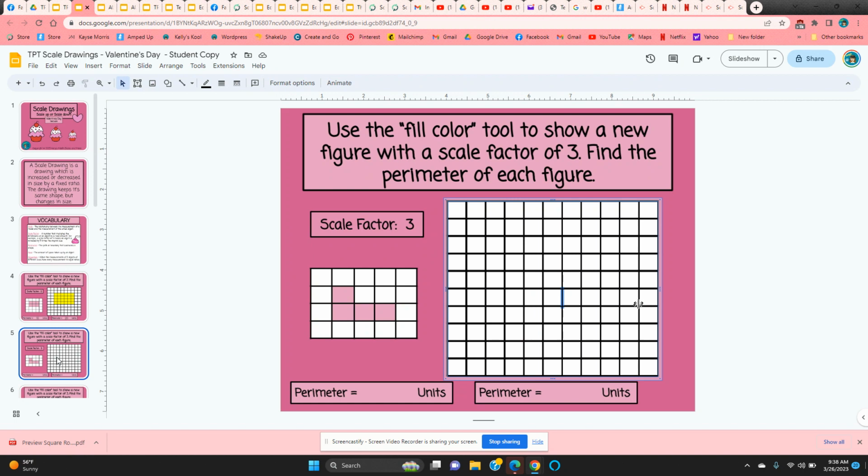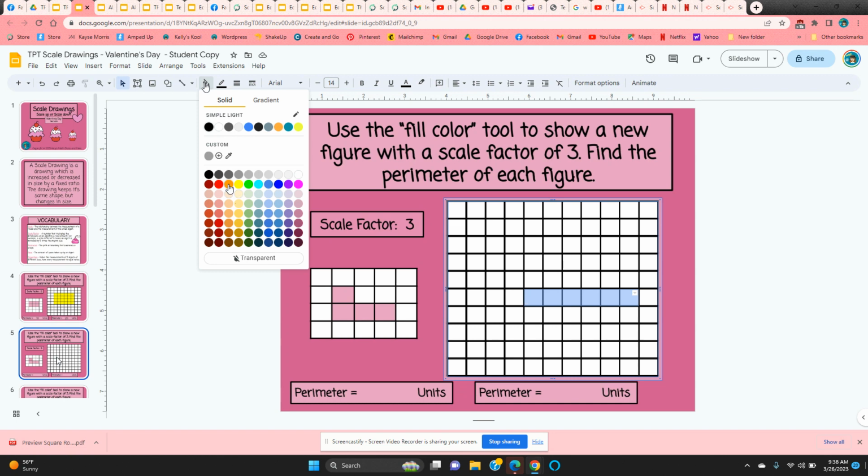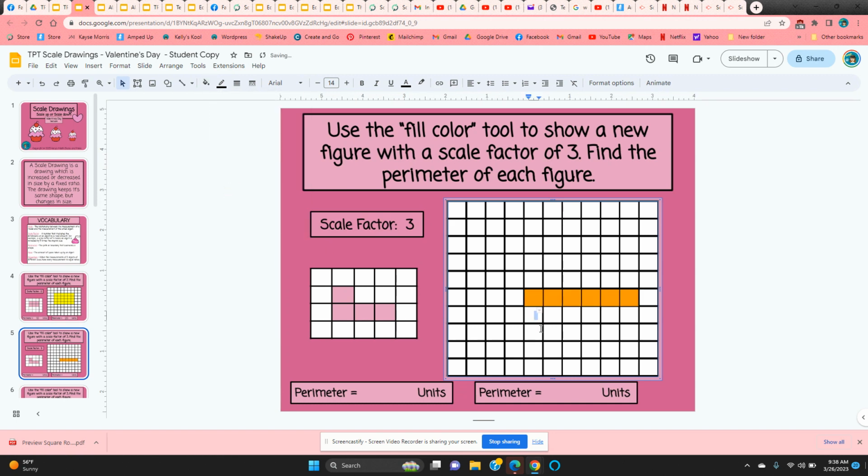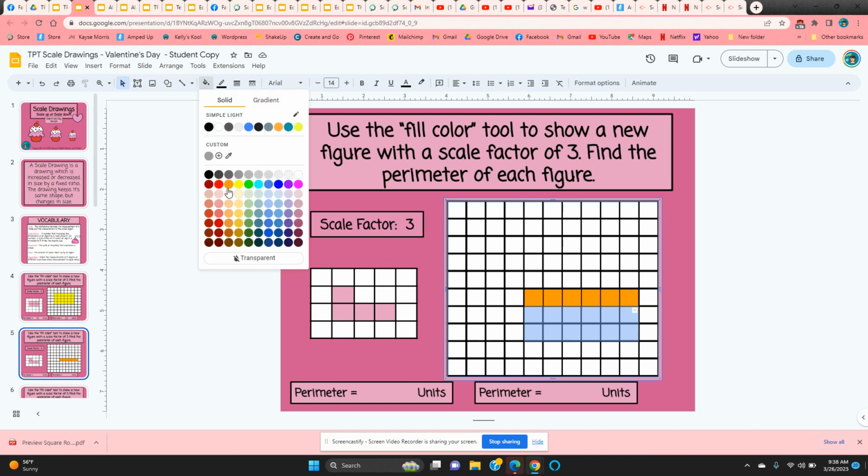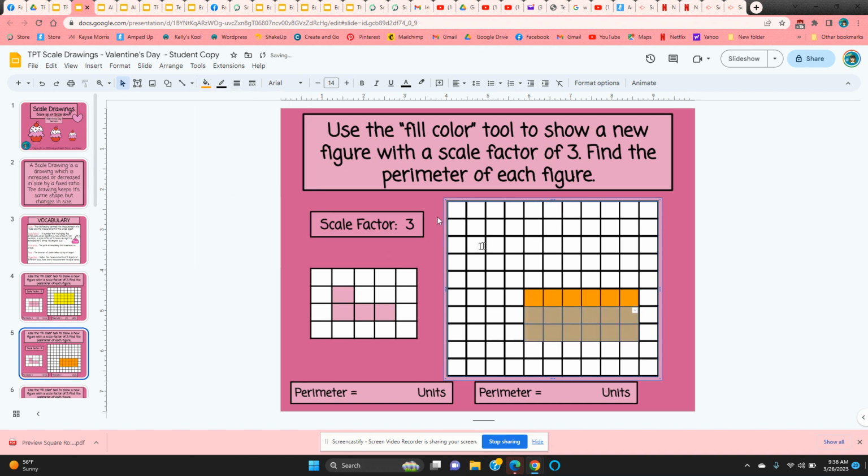Let's try that again. So we want 6 here. And again, they can choose any color they like.